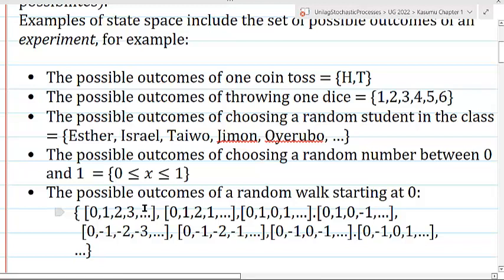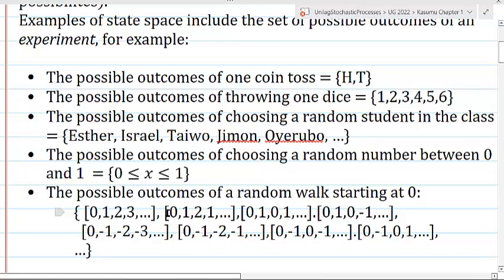So I'm not listing all the possible outcomes, but I am listing possible outcomes for the first 4. There are many, many subsequent possible outcomes. So as I said, this state space is infinite.